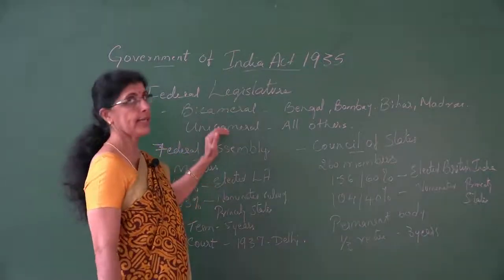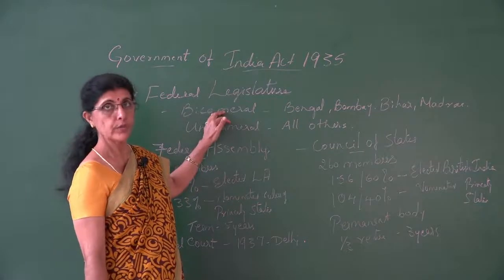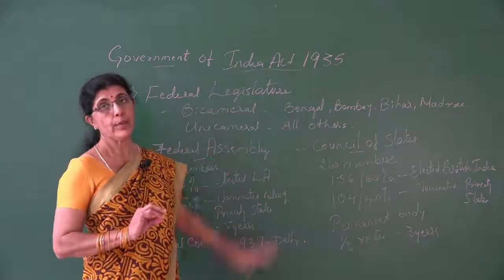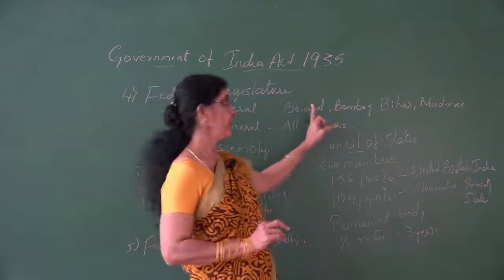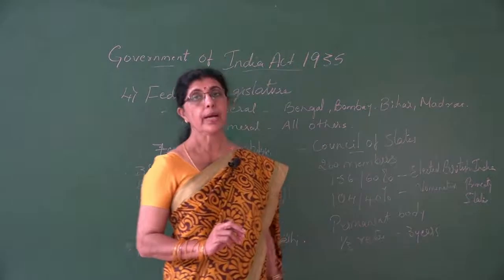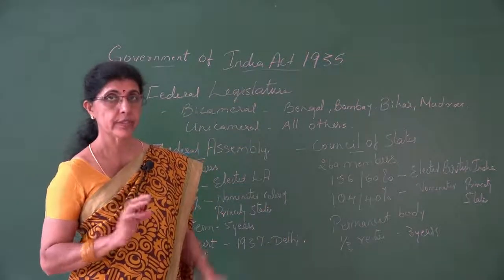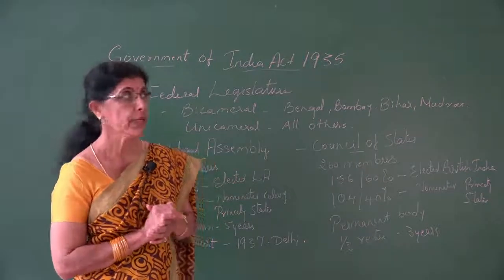When the legislature has a single house, we call it unicameral, and when it has two houses, the lower house and the upper house, we call it bicameral legislature. Under this act, Bengal, Bombay, Bihar and Madras decided to continue with the bicameral legislature, whereas the other parts of India followed the unicameral system.